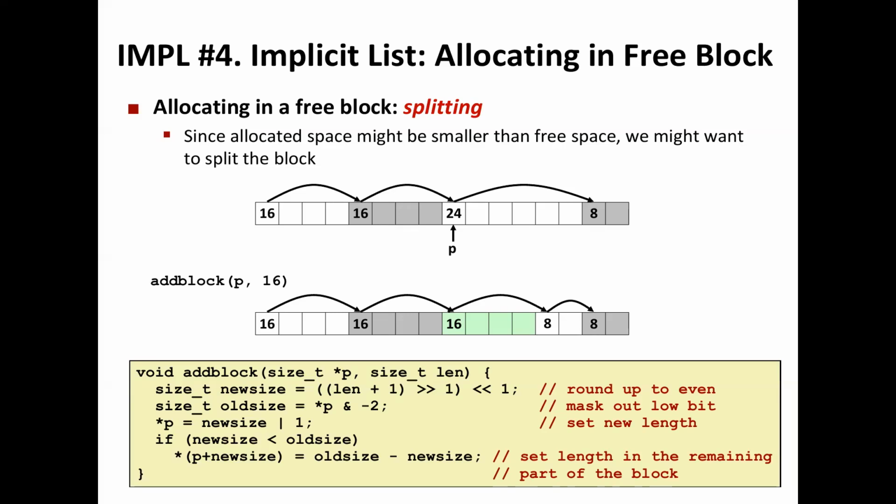So there's no need to set anything for a free block. We only need to set it for the allocated block. The lowest bit should be set to 1 for the allocated block. For a free block, it's going to be the same as size, so there is no need to set any extra bits. Okay.